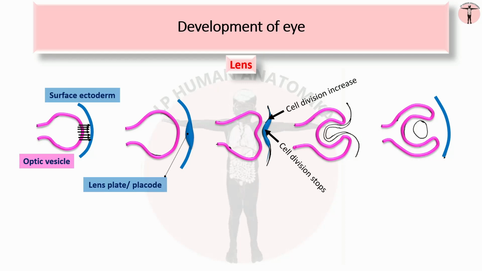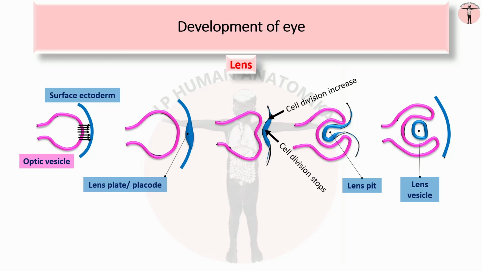Because of this, the lens plate invaginates rapidly, forming a pit called the lens pit. The invagination continues and the two edges fuse to form the lens vesicle. The lens vesicle loses contact and then separates from the surface ectoderm approximately during the 5th week.